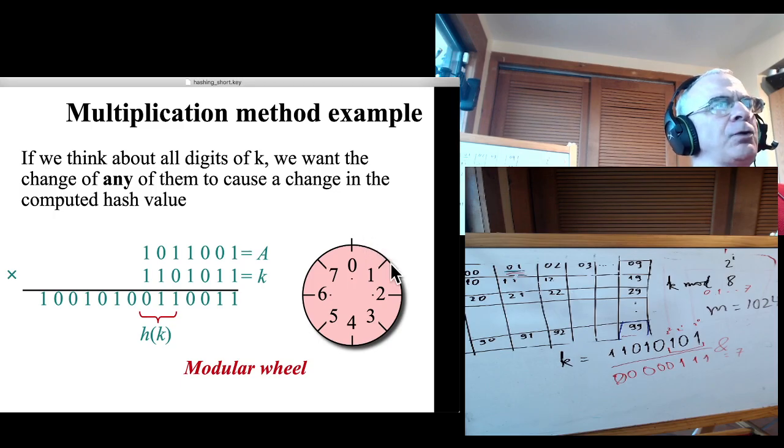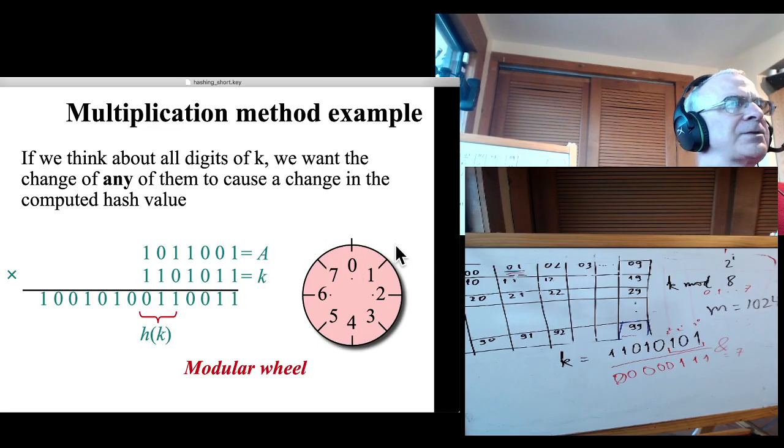Let's think about the modulo operation. How do I do plus or multiplication modulo m? I'm counting 0, 1, 2, 3, 4, all the way up to 7, and then the next number, if I increment by 1, will be 0, 1, 2, 3, 4, 5, 6, 7, and so on and so forth. That's how I do modulo.